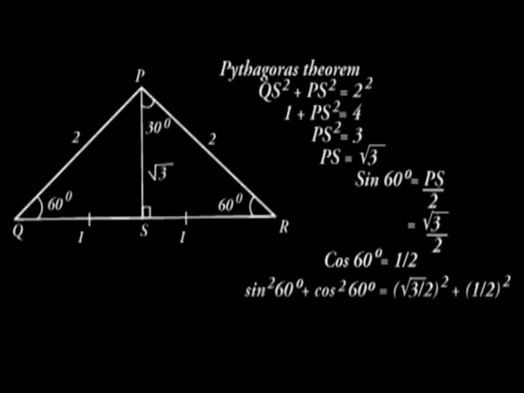Sin squared 60 degrees plus cos squared 60 degrees is equal to (root 3 over 2) squared plus (1 over 2) squared, which gives us 1. Therefore, it is true that sin squared theta plus cos squared theta is equal to 1.